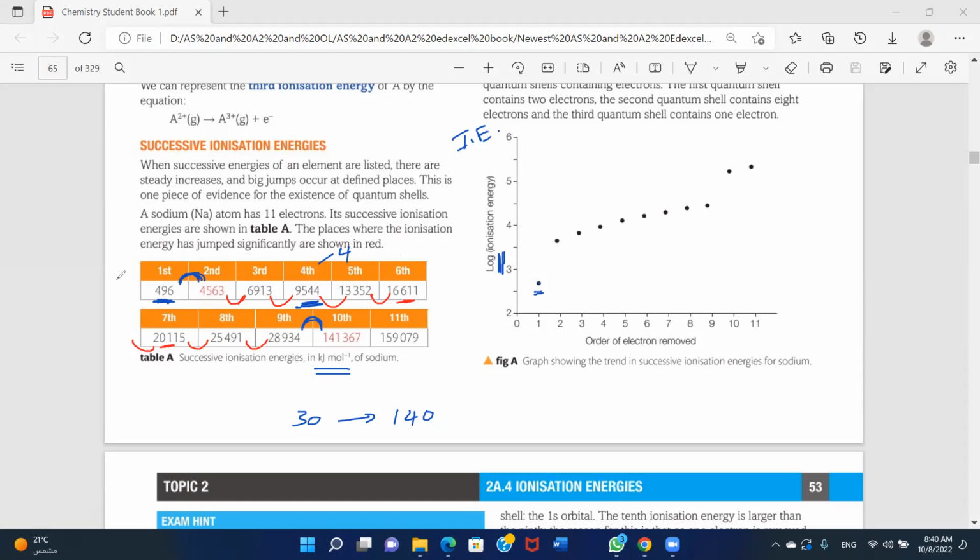If we take the log of 496, we get a value of 2.7. So we start from a value of 2.7. If I take the greatest value, log of 160,000, we get 5.2.